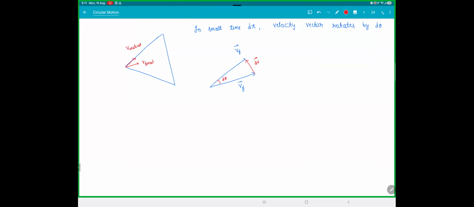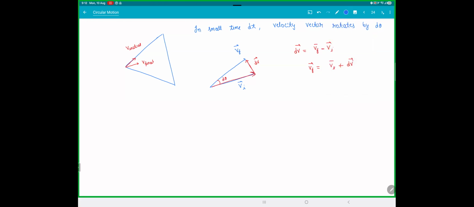If you remember from triangle of vectors, dv bar is nothing but V final minus V initial. So V final is V initial plus dv bar. In the triangle of vectors, if you join two vectors head to tail, then the resultant vector is from the remaining tail to the remaining head.